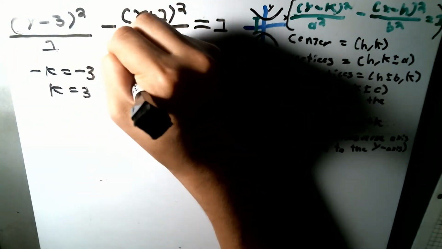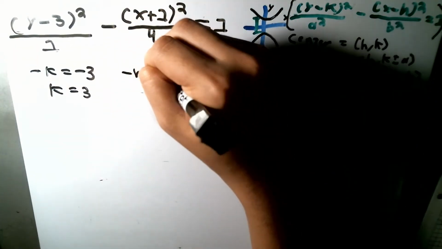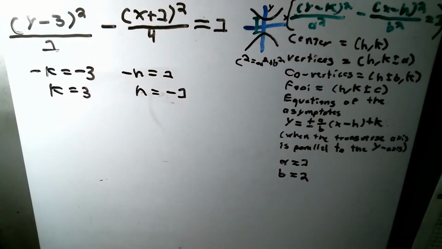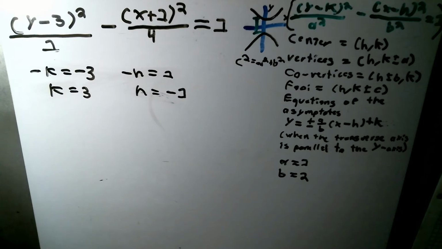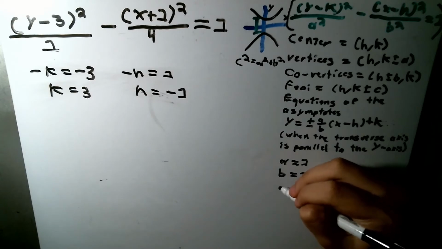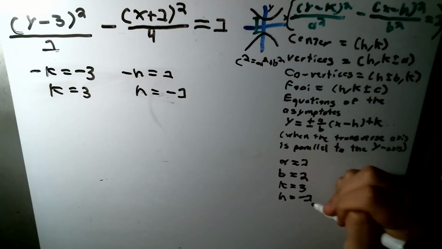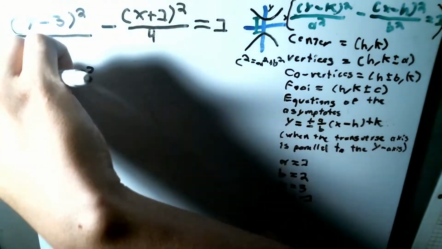And minus h equals 1, so h equals minus 1. Those are the values: k equals 3, h equals minus 1. And let's erase this because I don't want it here.